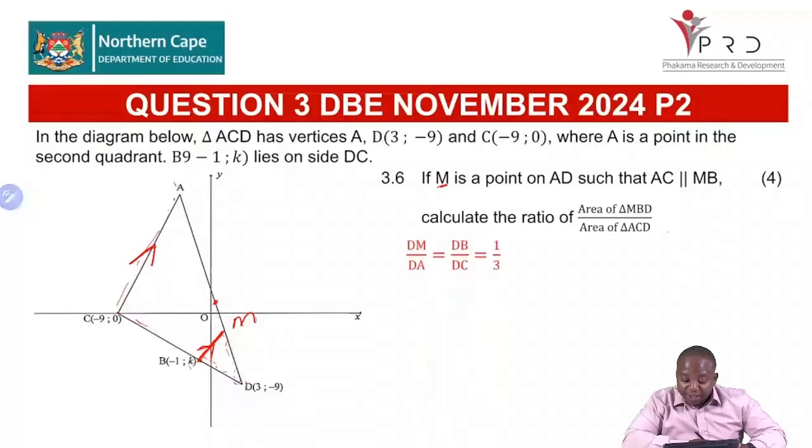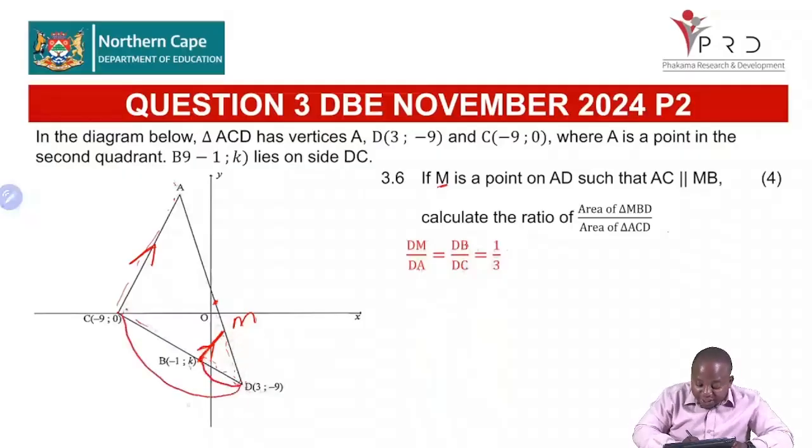Now to find those areas, we need to remember that DB over DC was 1 over 3. And you notice that DM over DA will also be 1 over 3. Why? We are working with proportionality here. The ratio between DB and DC was 1 over 3, so this is going to be maybe 1x and this is going to be 3x.